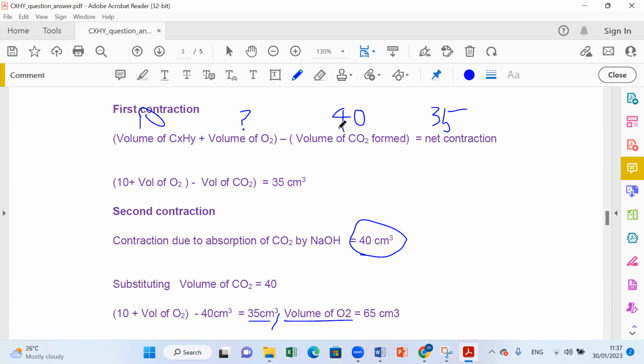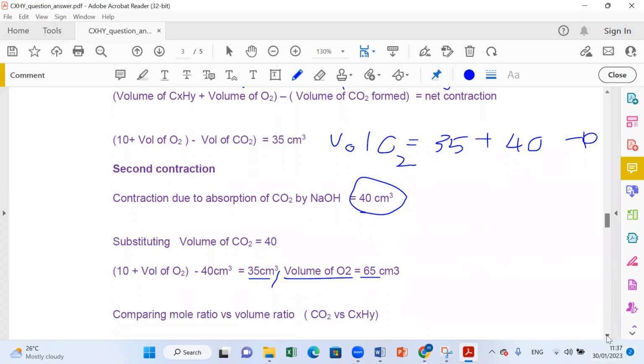Very easy, right? You just take 35 plus 40, minus 10. So that will be your volume of O2 lah. That will be 65. Okay, so that's how you get the volume of oxygen.